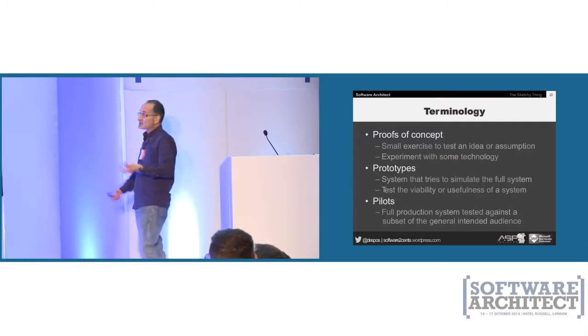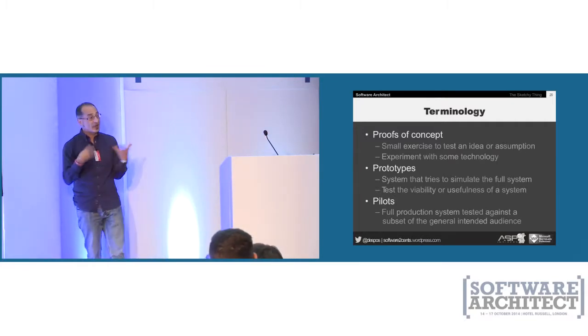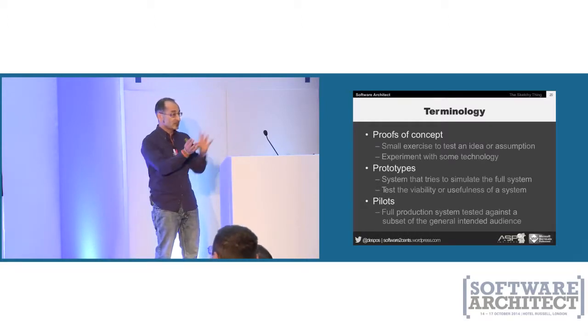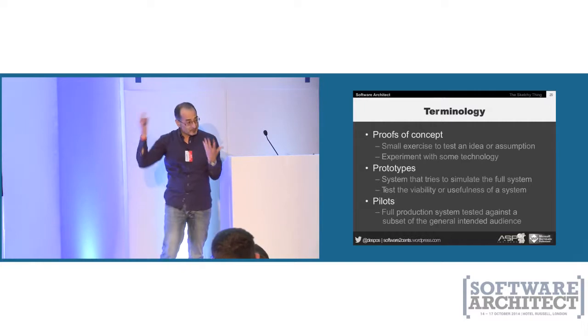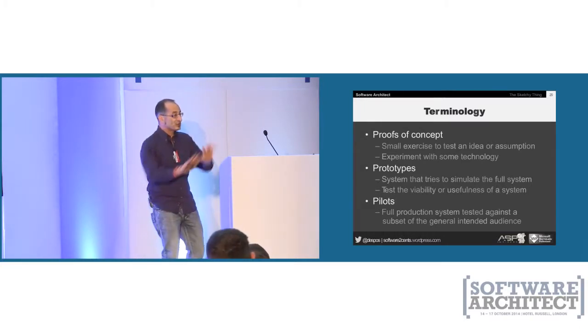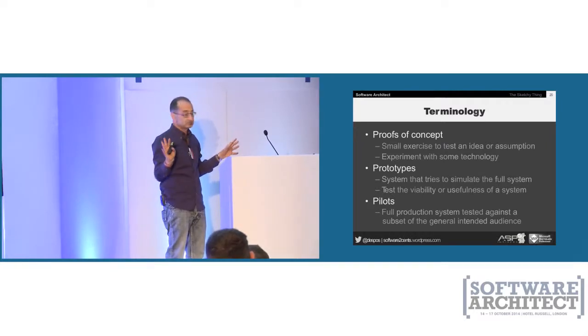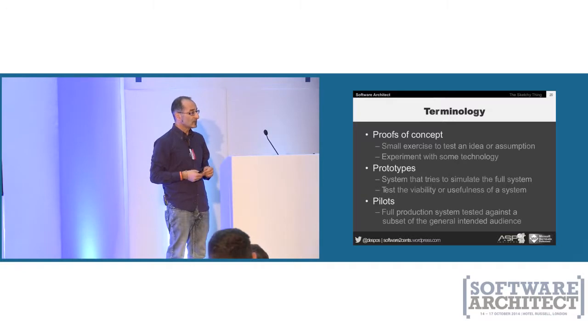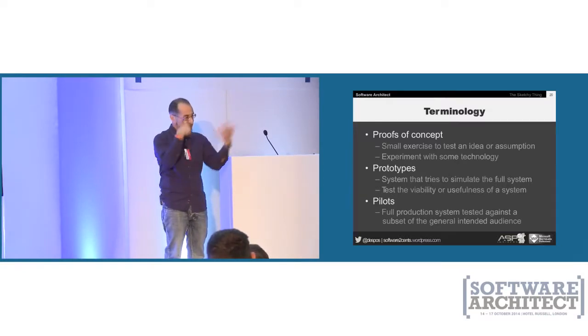And further means a system that simulates the full system you're going to build with some missing pieces. What I typically do when I build a prototype is UI only, maybe not the final UI, but some UI, where it's clear how the system navigates from page to page and what each page does.